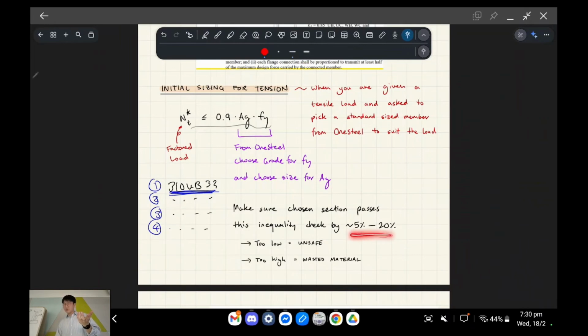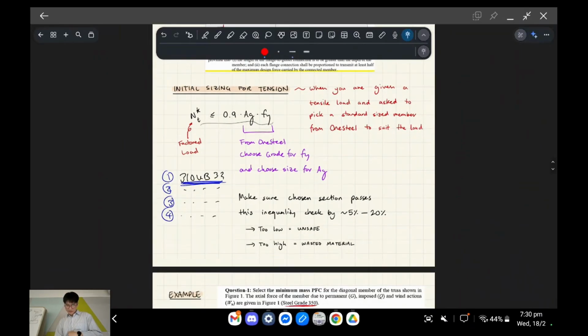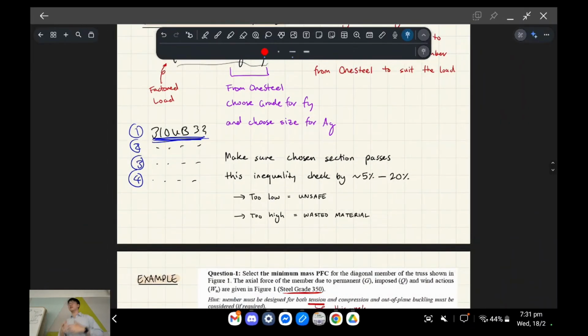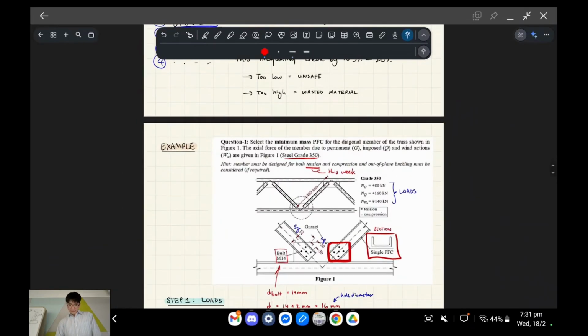I think a good general rule of thumb is you go 5 to 20% over capacity, more than you need to. If it's too low, it's unsafe. If it's too high, you waste materials, you waste money, etc. So this is where the art of design comes in, because it's not just about numbers anymore. It's about using your judgment, about using engineering.